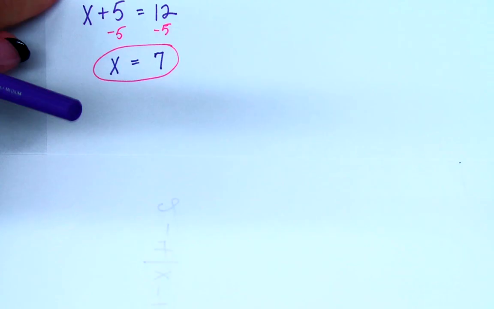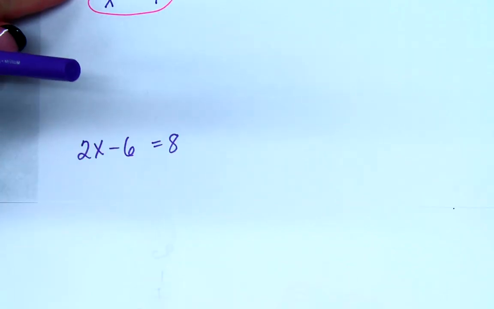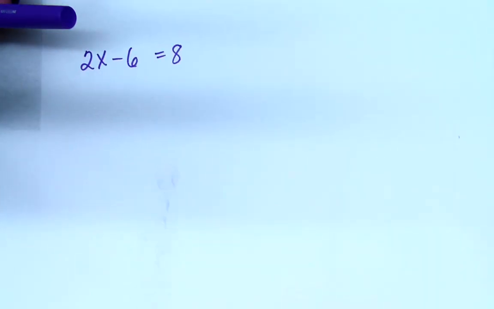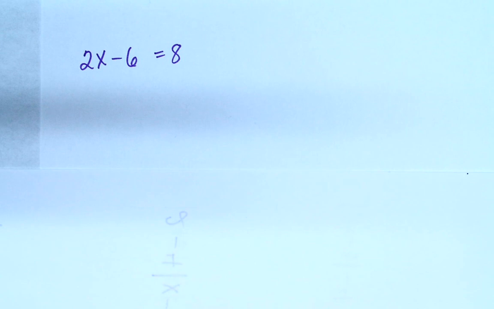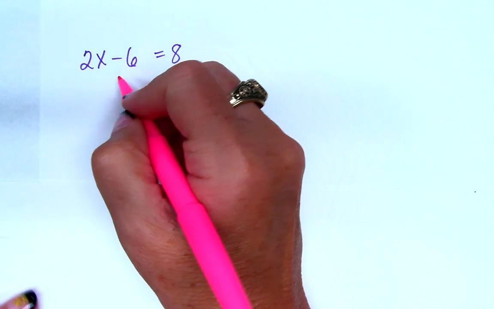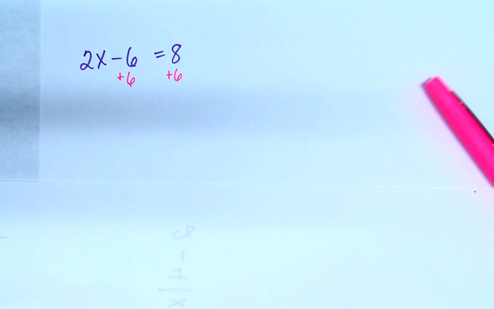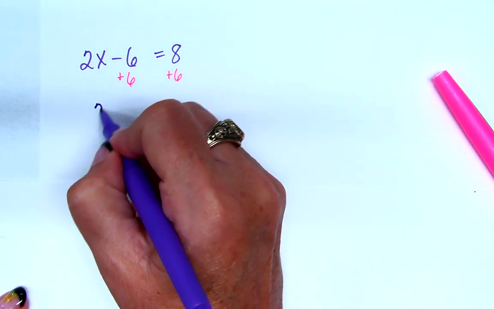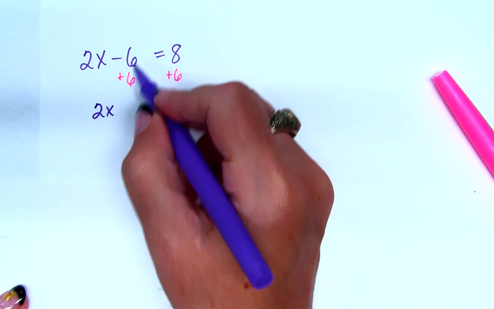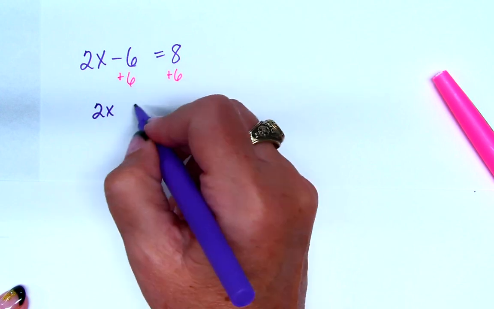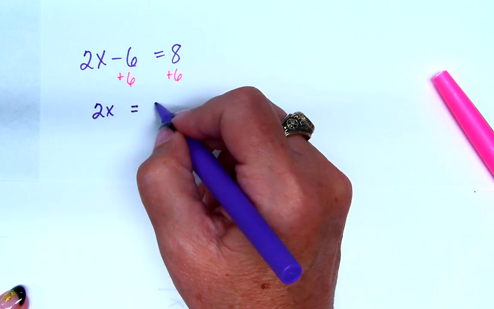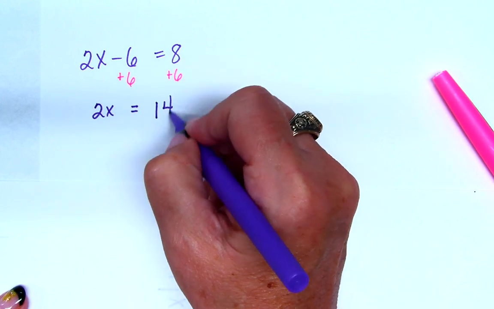What about this problem? 2x minus 6 equals 8. If you want to add 6 or plus 6 on both sides, that's fine. Negative 6 plus 6 is 0, so 2x equals 14.